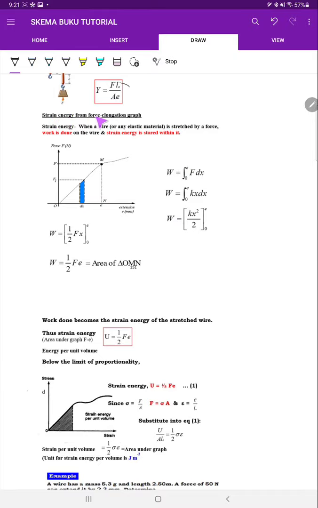Strain energy from the force elongation graph, force extension graph. Okay, strain energy. When a wire is stretched by a force, work is done on the wire, sebab kita tarik, and strain energy is stored within it.